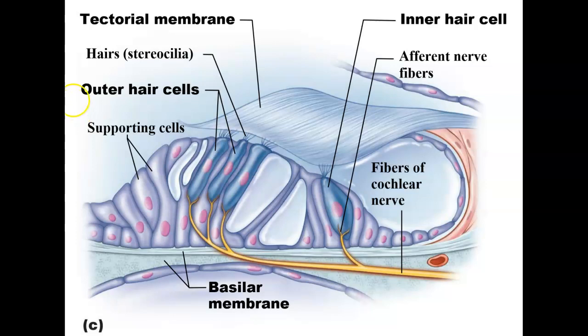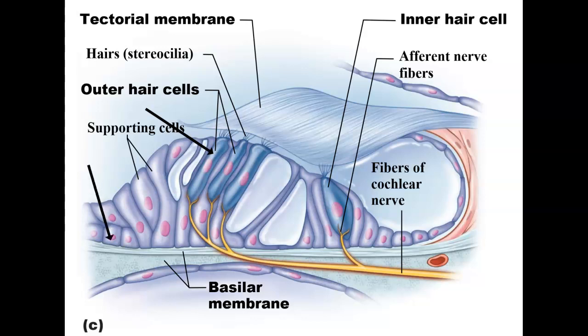Just to give us a little bit closer view here, we have this organ of Corti, this whole structure that you're seeing, and embedded in the organ of Corti are these hair cells, which are sensory cells that are going to sense the rocking back and forth.